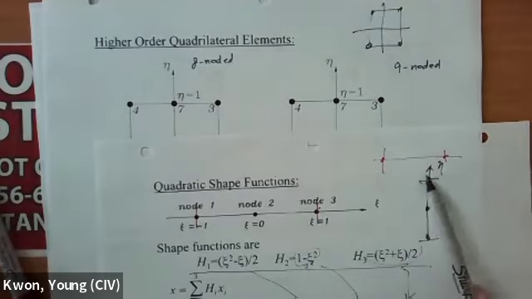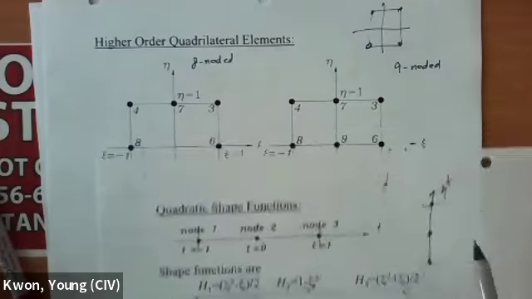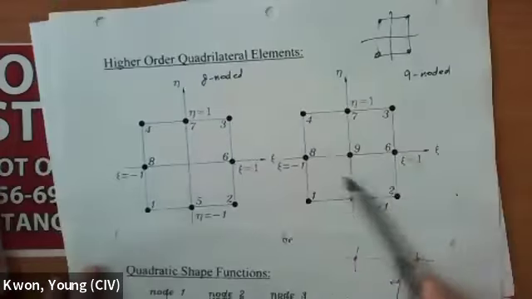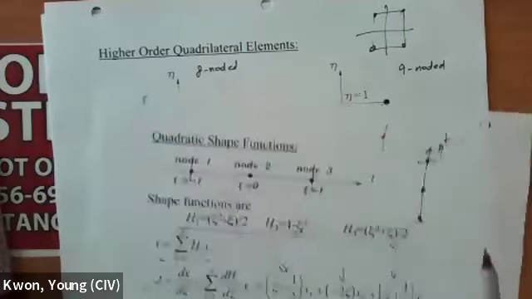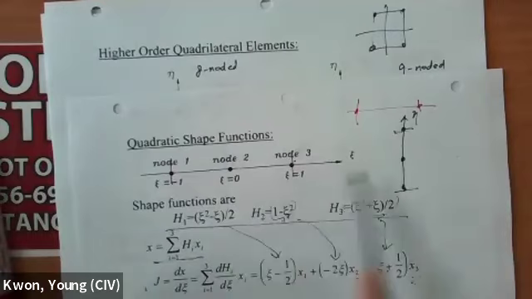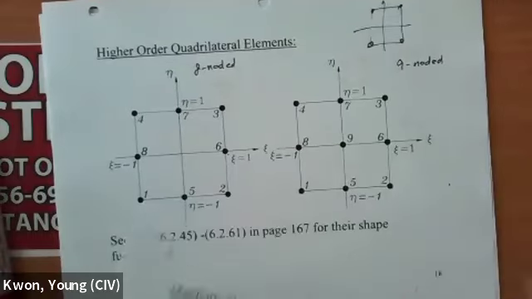So 3 shape functions, then the product is going to give you 9 shape functions for this one. In other words, this shape function can be determined from the product of this one and that one nicely. That's the beauty of this one.